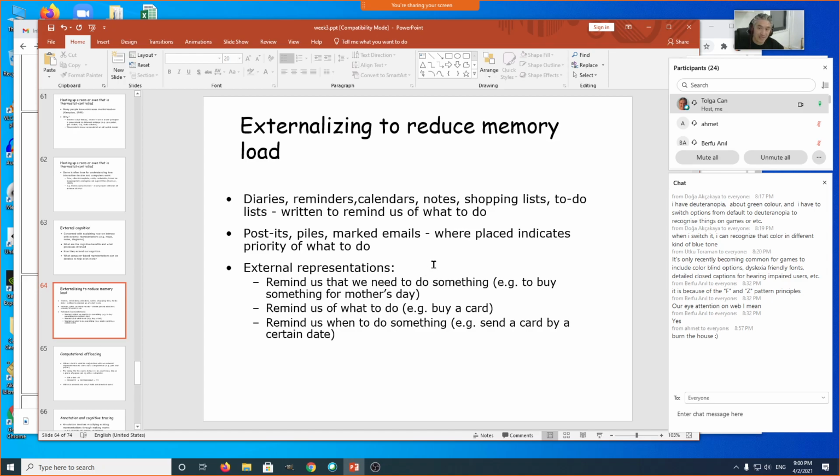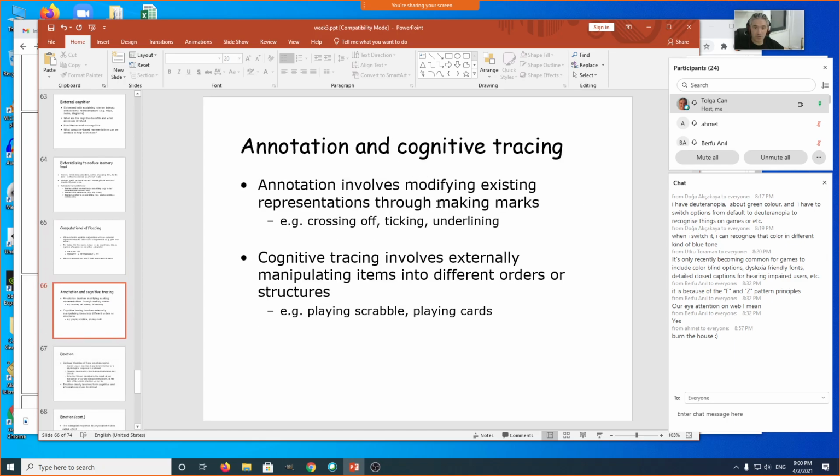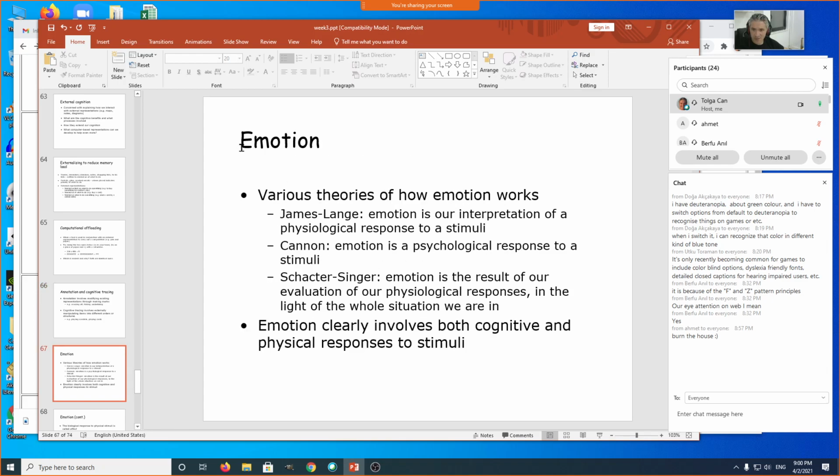People use shopping lists, to-do lists, calendars, notes, post-its, marked emails. They help us externalize our memory load to somewhere else. Okay, so this is also important. Computational offloading is similar to that too. So I'm skipping the rest of them.